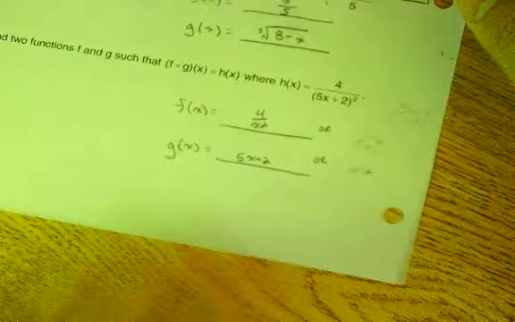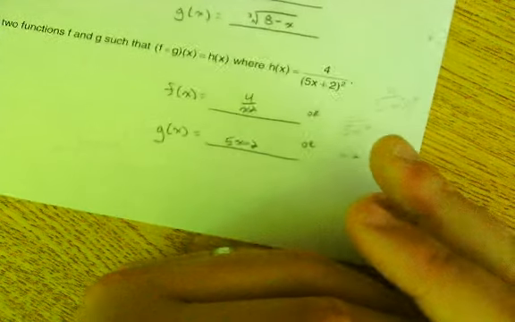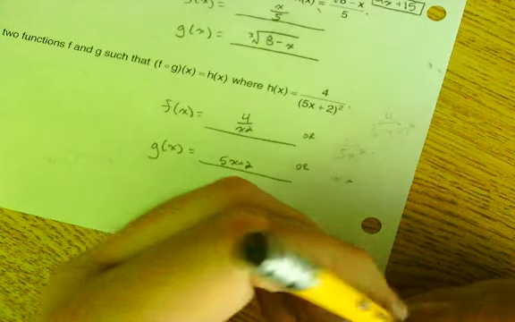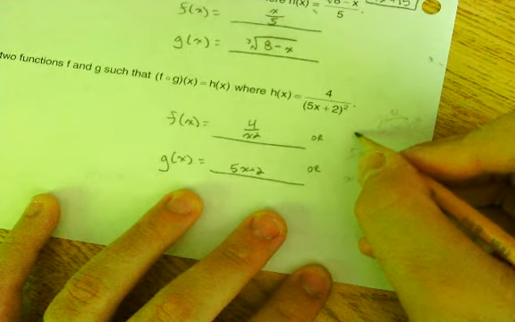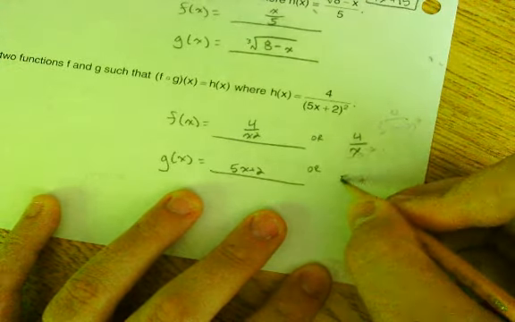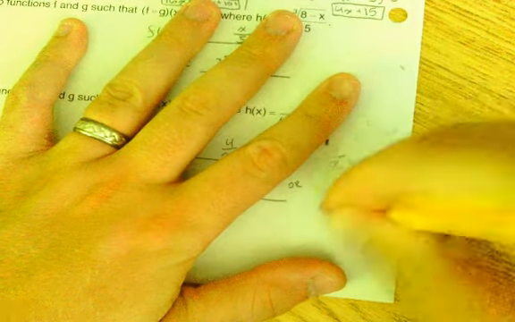Anybody else have anything else that they think works? Yeah, another one. Oh, so you're saying, okay. I thought you were saying the same thing that you had before. So you have 4 over 5 and x squared.